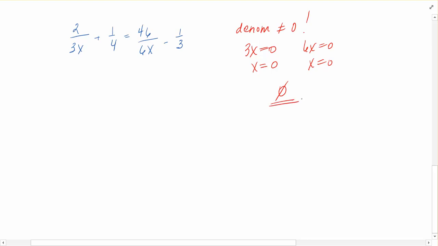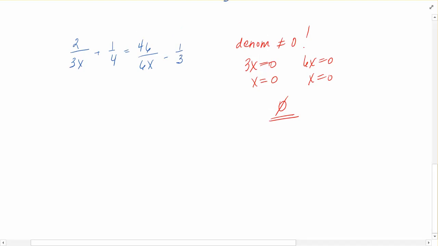Now if we turn back to solving the equation, for the second part of this, I want to clear the equation of the denominators. So I'm going to try to determine what the least common denominator would be between all four of these terms. I've got a 3x, 4, 6x, and a 3.